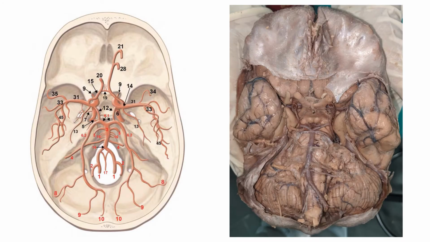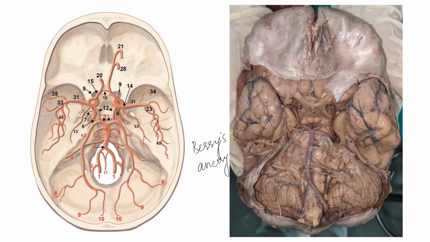So next, this is the same diagram. I have told you about the obstruction. Next, in some cases we will find a congenital anomaly of this circle of Willis, and that is known as Berry's aneurysm.